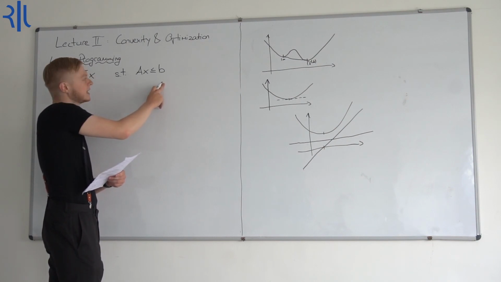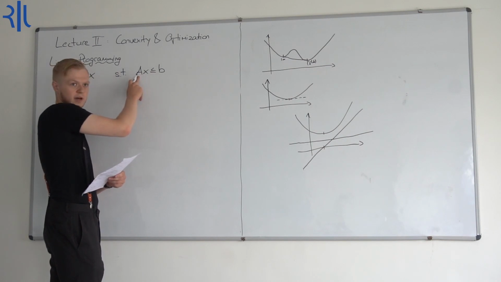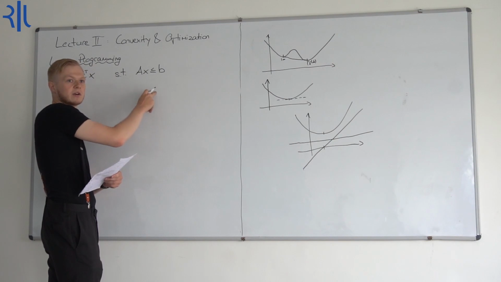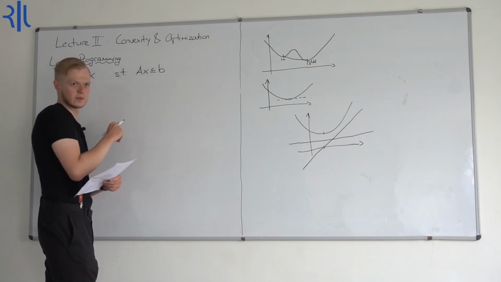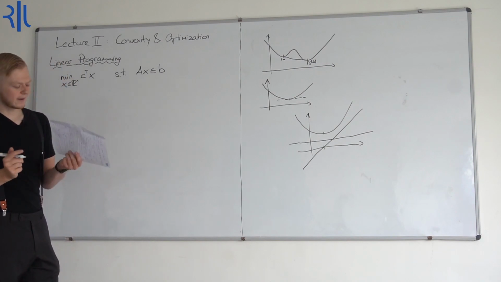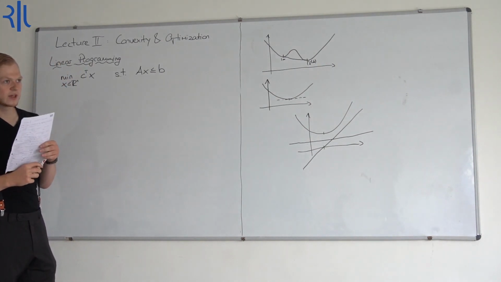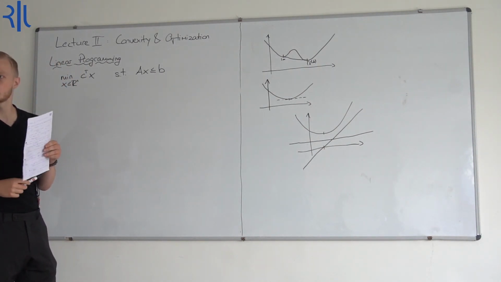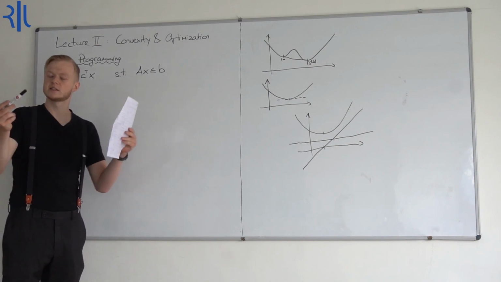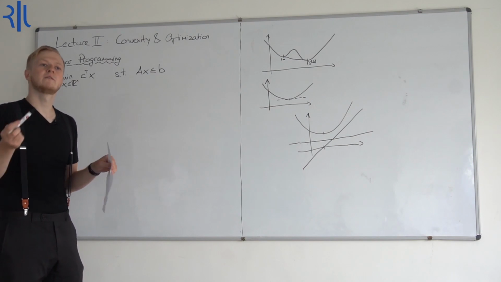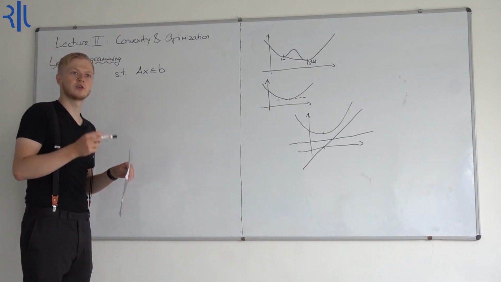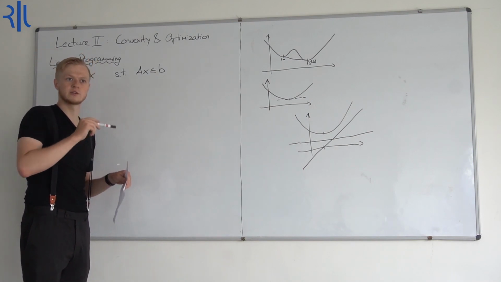So when you multiply a matrix with a vector, you get another vector, right? And every element of that vector has to be smaller or equal to the corresponding element in b. The matrix vector product, as we said, you can think of as a bunch of scalar products, and every scalar product has to be smaller or equal to the value in b.